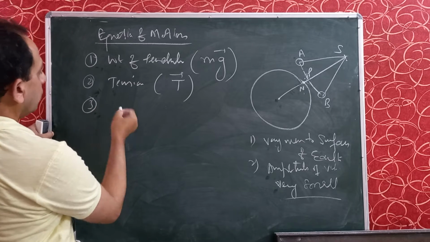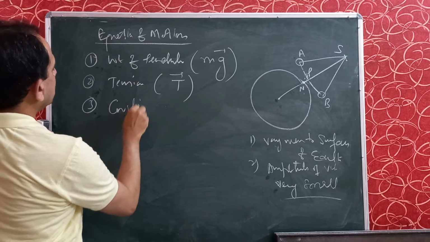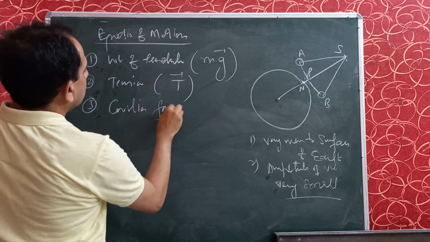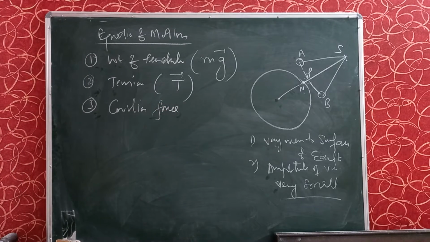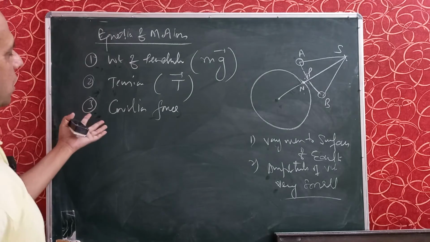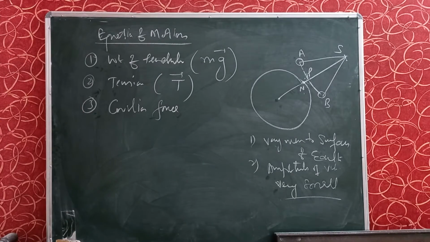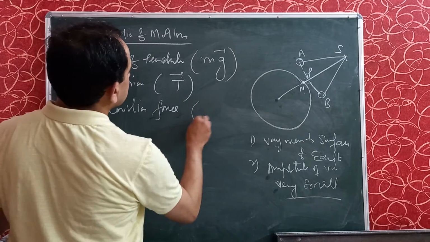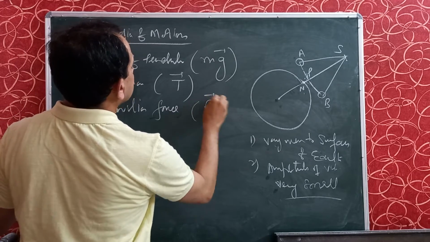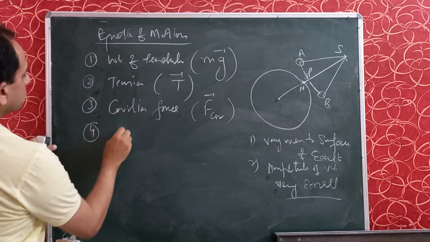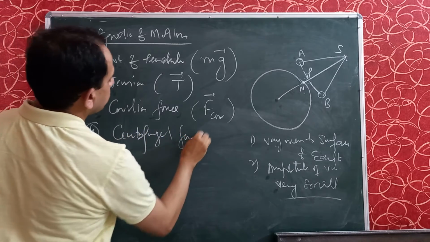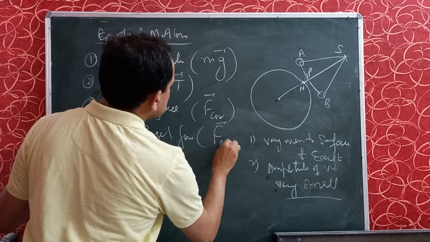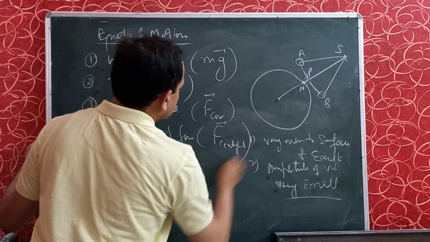Third force is the Coriolis force, because this pendulum is installed on the earth. Therefore the Coriolis force as well as the centrifugal force both will act on it. The third is the Coriolis force, F Coriolis, and the fourth one is the centrifugal force, F centrifugal.